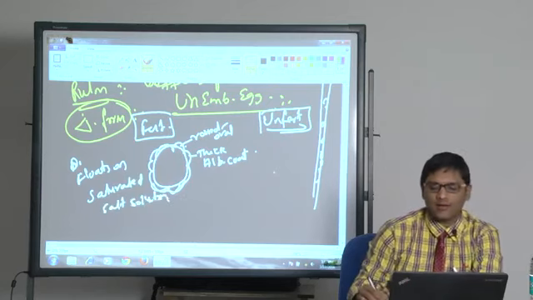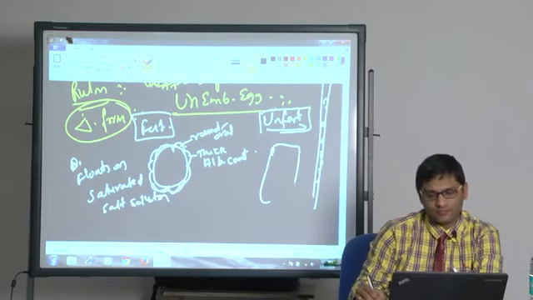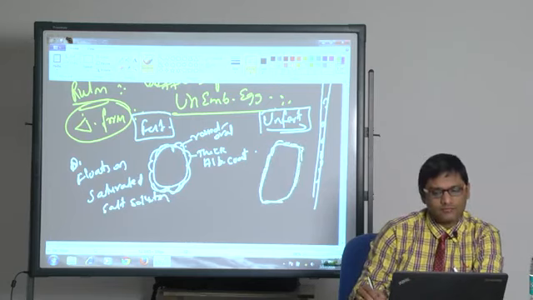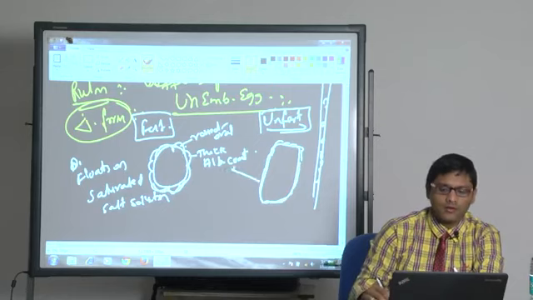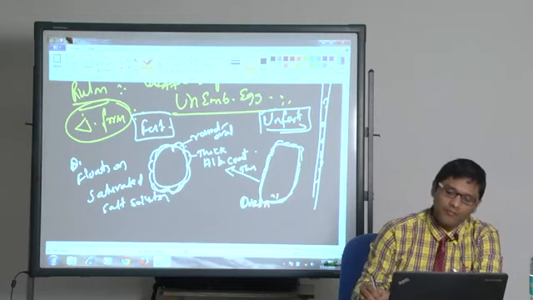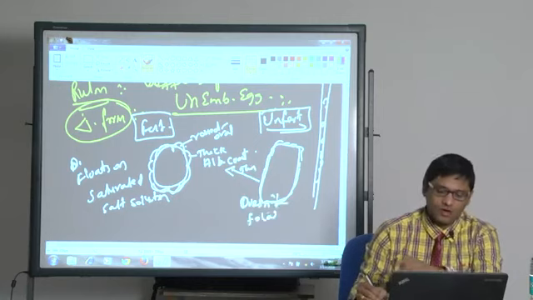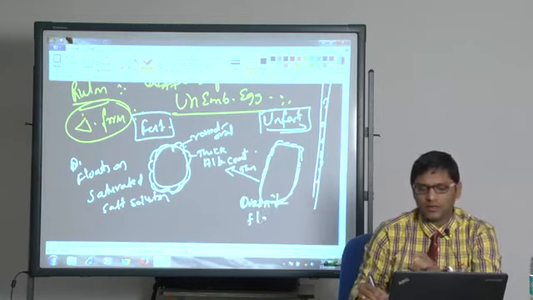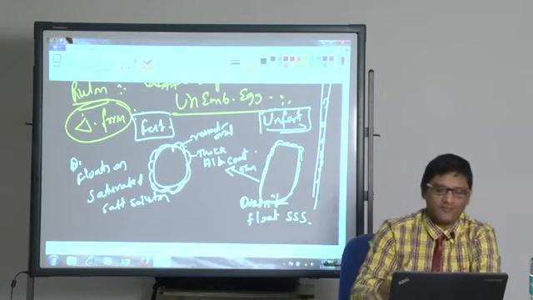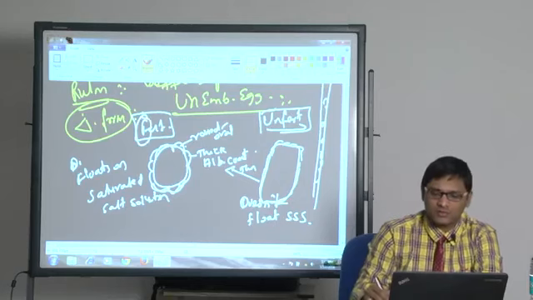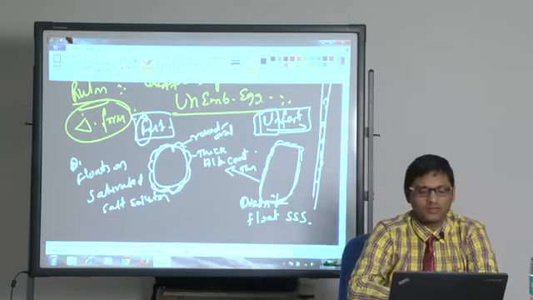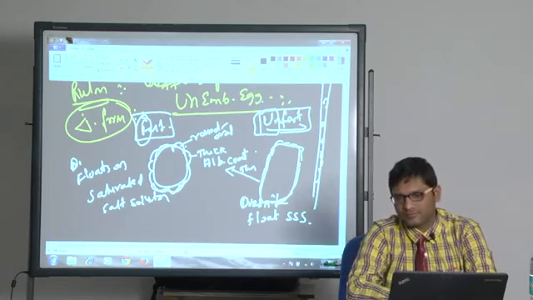The unfertilized egg is rectangular and elongated, and the albumin coat is very thin, and it does not float on saturated salt solution. F for F: fertilized egg floats, unfertilized egg does not float on saturated salt solution.